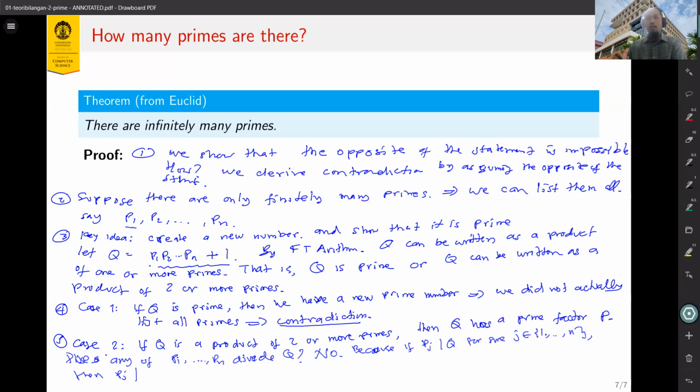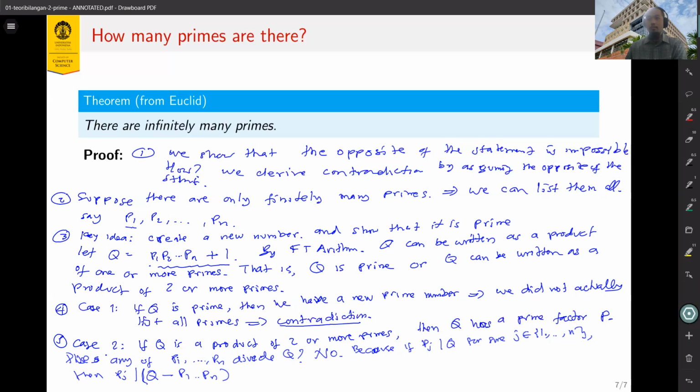If Pj divides Q, that means Pj must divide Q minus P1 times up to Pn, because Pj is one of the P1, P2, and so on to Pn, right?